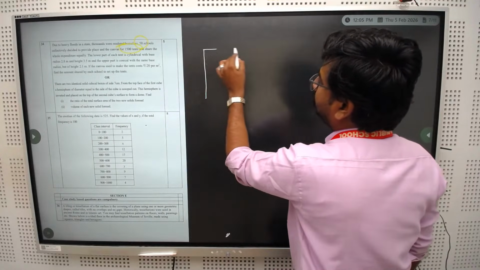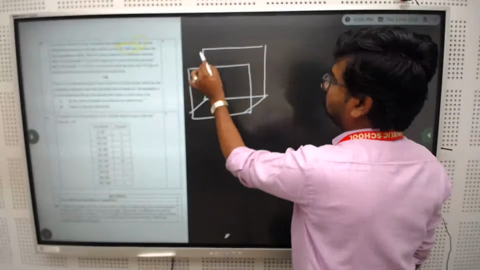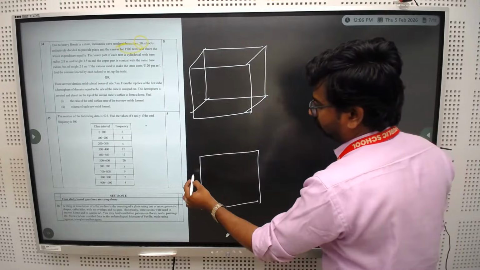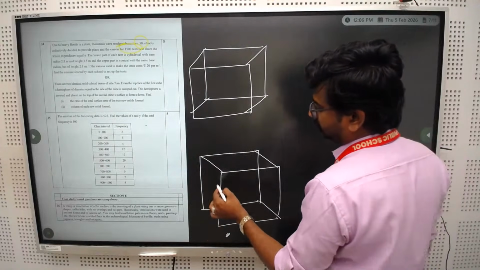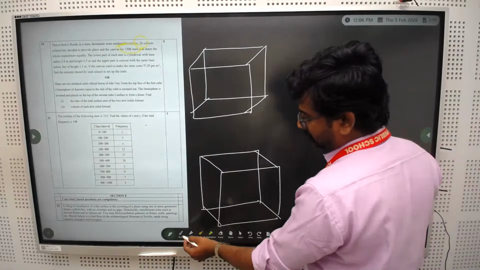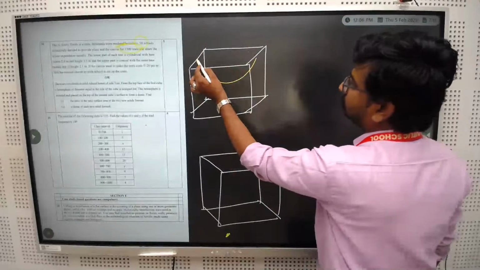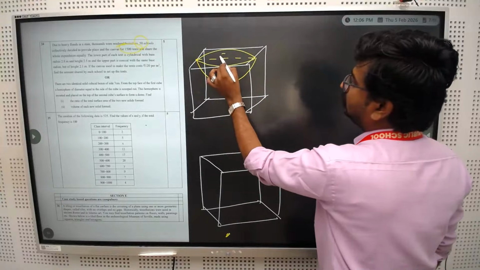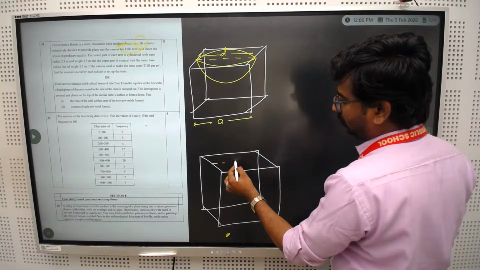So draw these two figures, everybody. One is the first cube and the second cube. For the first cube, the hemisphere is being scooped on the inside. This is the diameter, this is the side. For the second, the hemisphere is surmounted, means on top.